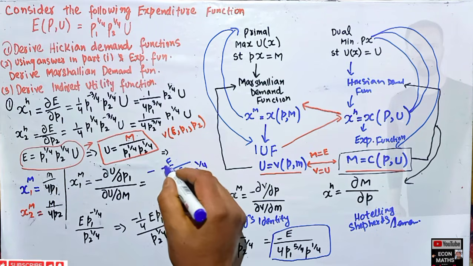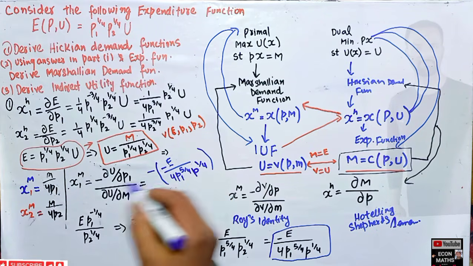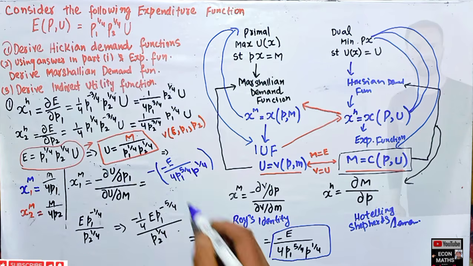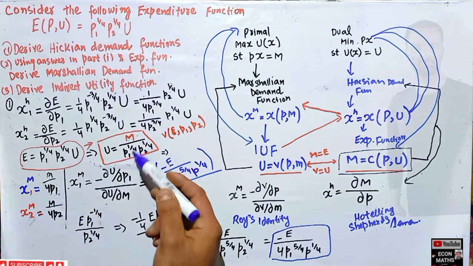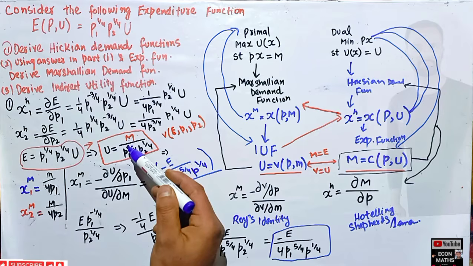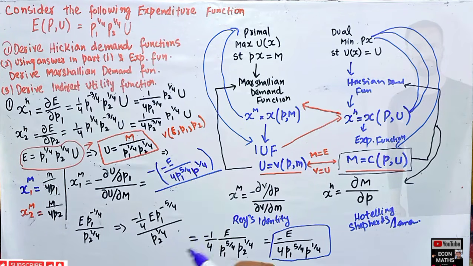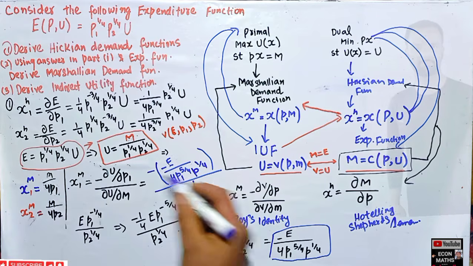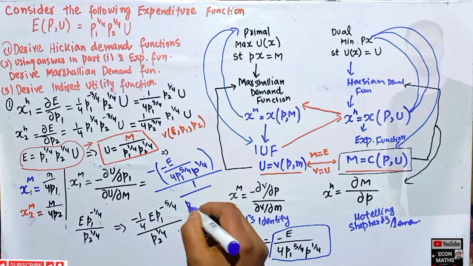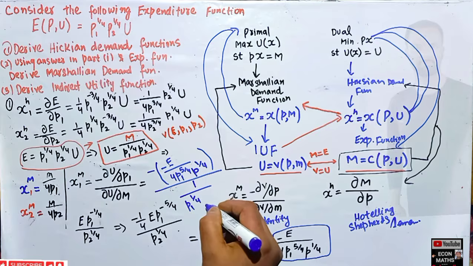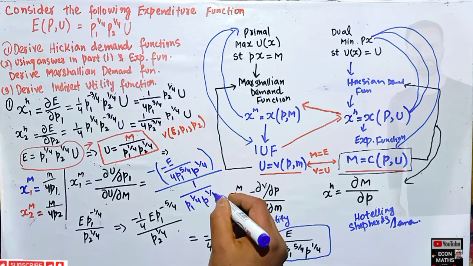This is the derivative of this very thing, divided by the derivative of this very function with respect to m, which is 1 upon the whole thing, that is p1 raised power 1 upon 4 p2 raised power 1 upon 4.